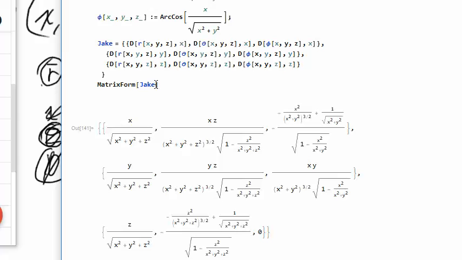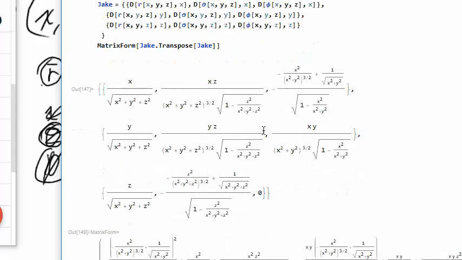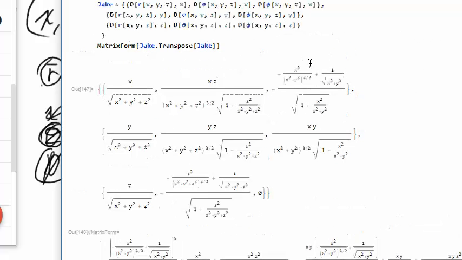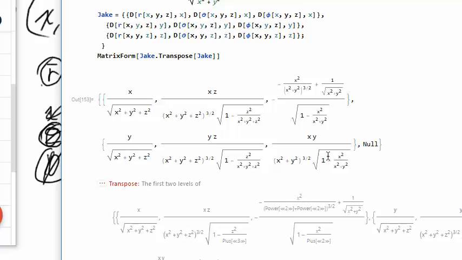Or no, actually what I want to do is matrix form of Jake dot transpose of Jake, and see what comes of that. Let's hide something here. I don't need to see this over and over again. What's going on?